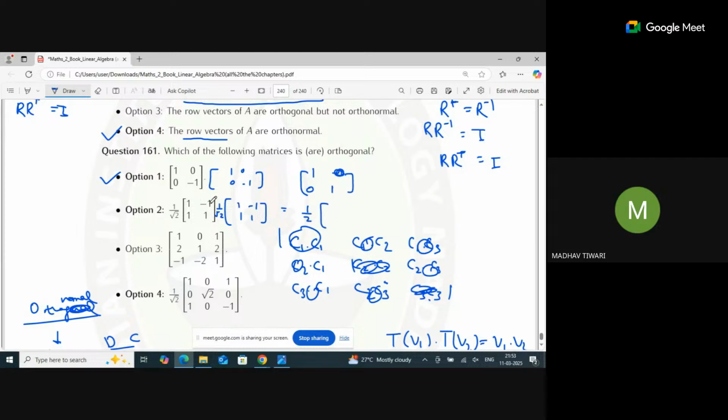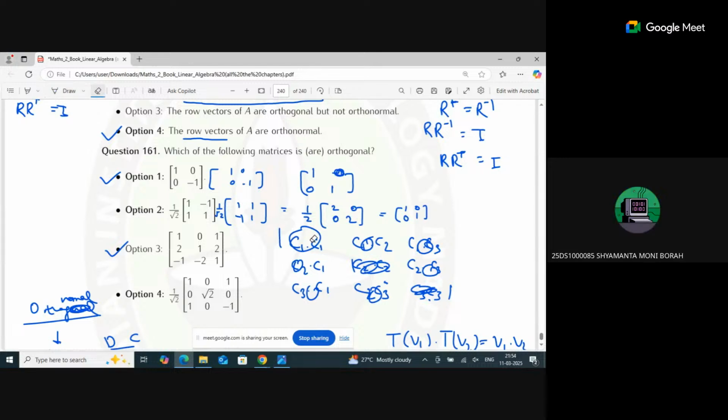Inside, 1 times 1 and minus 1 times minus 1 is plus 1, so 2. 1 times 1 minus 1 is 0, again 0, and 1 times 1 plus 1 times 1 is 2. So it is nothing but the identity matrix. You can check for this, and I'm going to do this only.